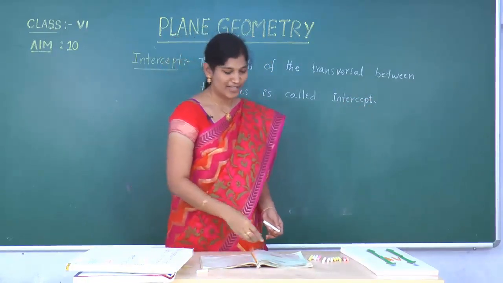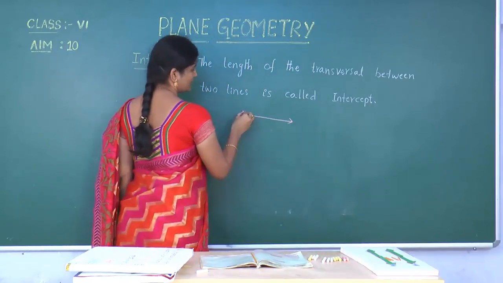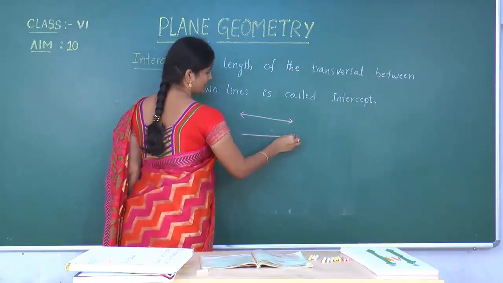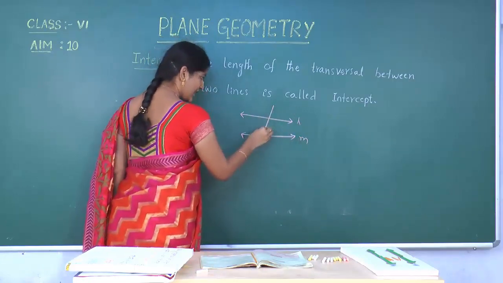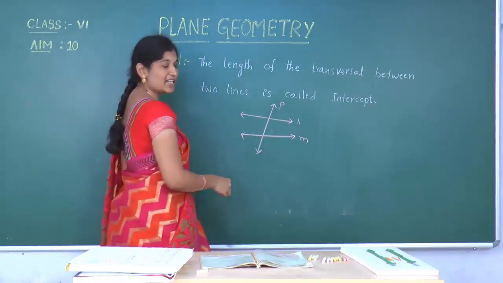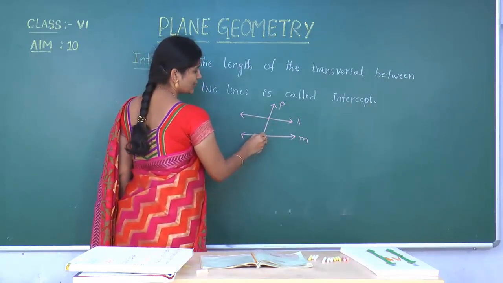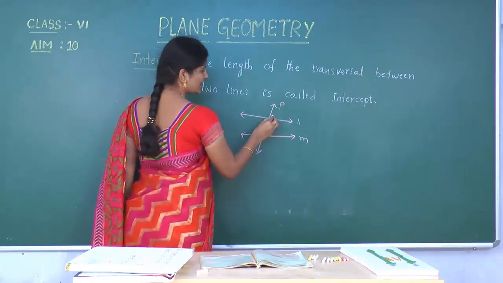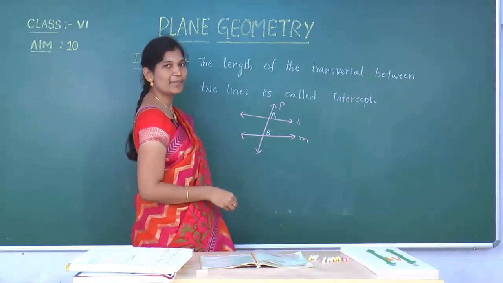Let me show you diagrammatically. Here I am taking two lines, L and M, and P is the transversal which intersects the given two lines at two different points, A and B. Now identify the intercept.